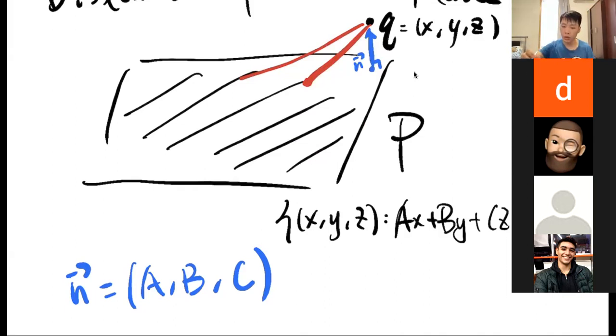So in order for us to have the projection, because of the distance, one way to look at that is to look at this particular parallelogram.